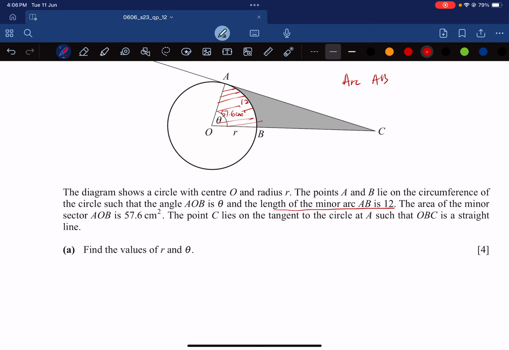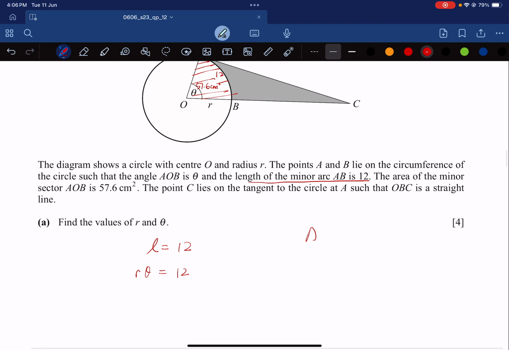So we know that arc length L equals 12, and we have the formula: arc length is r theta equals 12. And the area of the minor sector is 57.6, so 1/2 r squared theta is 57.6.